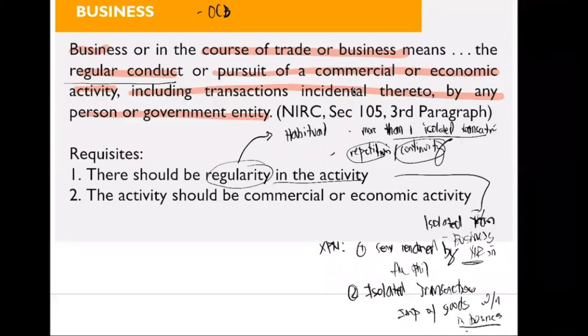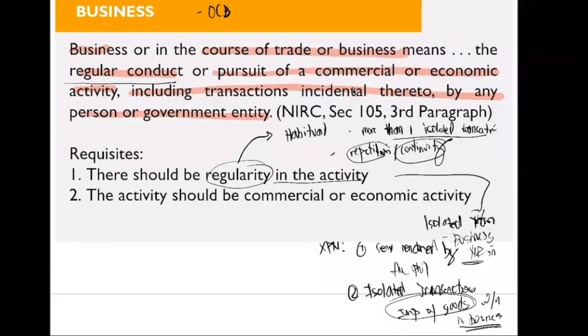So even if you are not engaged in business, so long as you import goods, take note, we said a while back that importation is an item of consumption. So here we have an importation of goods, whether or not you are engaged in business, even if it is an isolated transaction, we still tax it as a business tax.